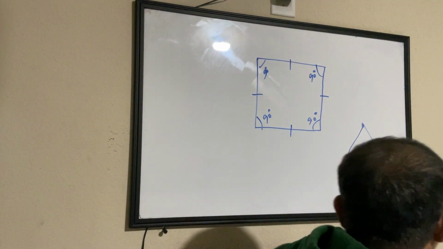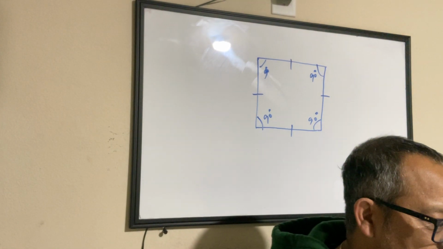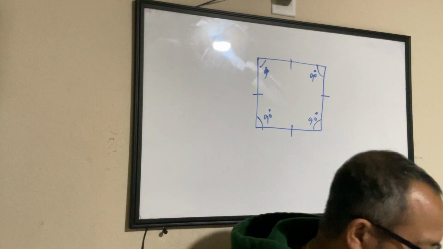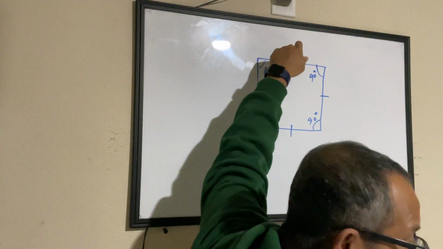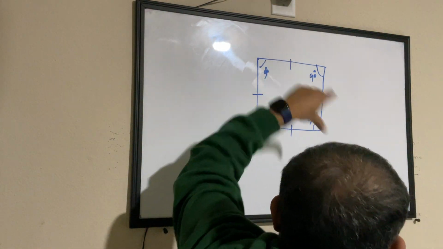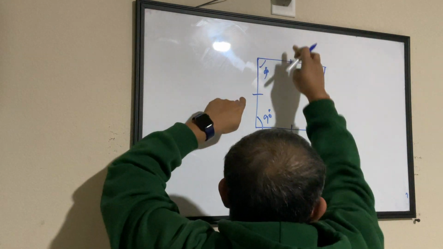Okay, Sammy, you want to add something? Yeah, a square can also be counted as a rectangle. Yeah, it can be. Since you're saying that it can be counted as a rectangle, another property you might want to consider is the opposite sides are parallel as well.